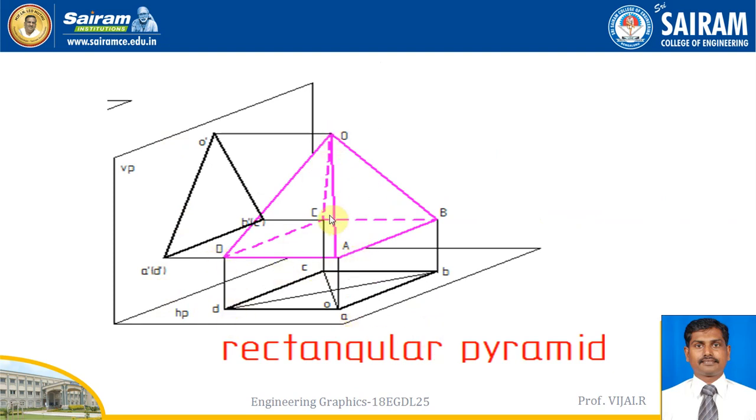The base is a rectangle, so we mention A B C D for the base and apex O. Seeing from here, I can see A B and the slant edges joining at O. When projected onto the vertical plane, I see a triangle, and I mention A dash B dash as visible, and the invisible back D dash and C dash in brackets. O is the apex, that is okay.